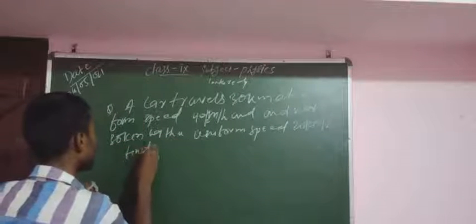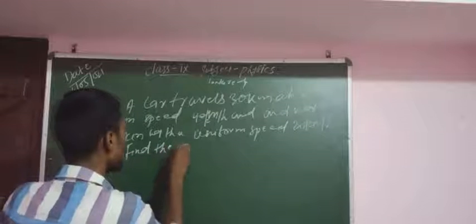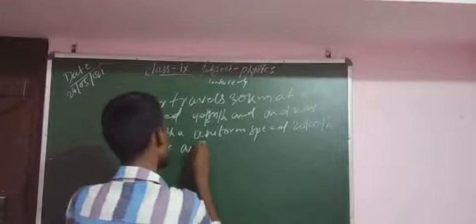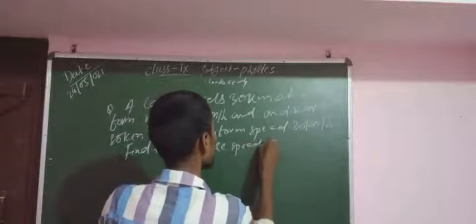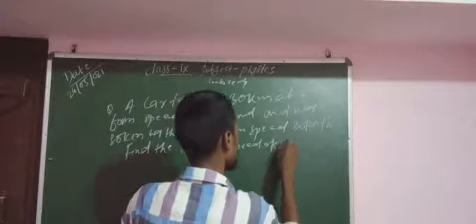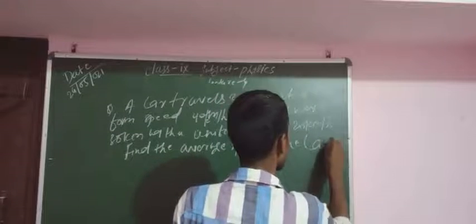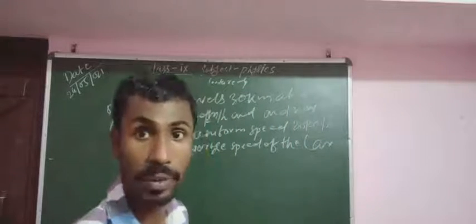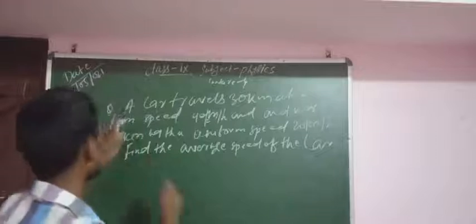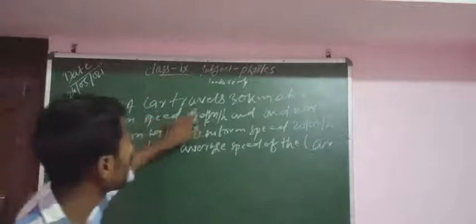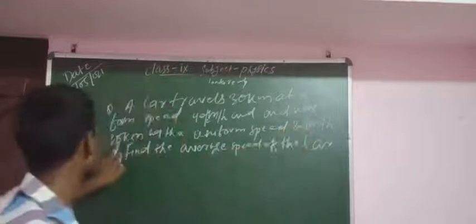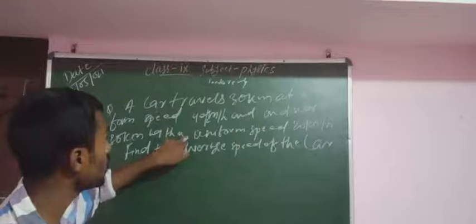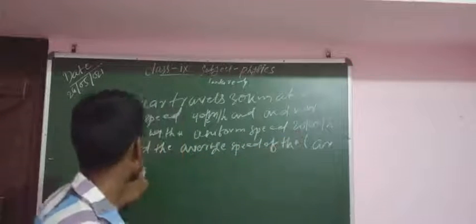Find the average speed of the car. Basically, what is it saying? Listen: a car travels 30 km at a uniform speed of 40 km per hour and next 30 km with a uniform speed of 20 km per hour.